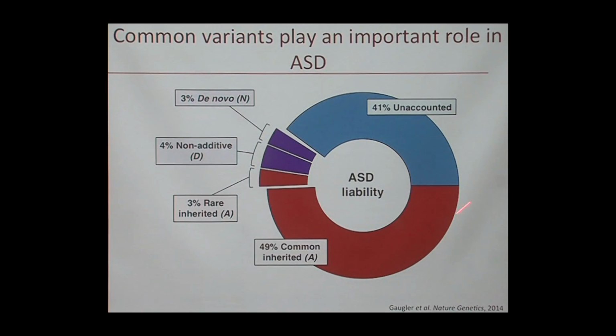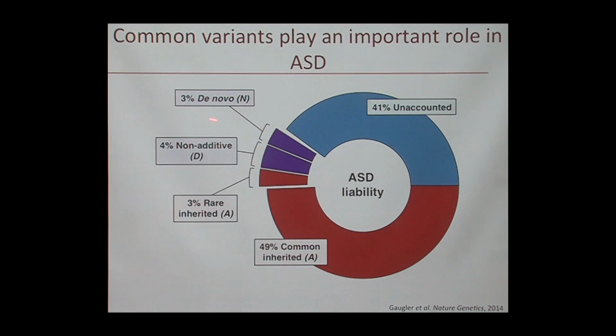But en masse, we can estimate how much contribution they're having by comparing siblings together. And so here is our first map of how risk takes place in autism. Here we have the common variants. And so it seems in this analysis that common variation explains 50% of autism risk.